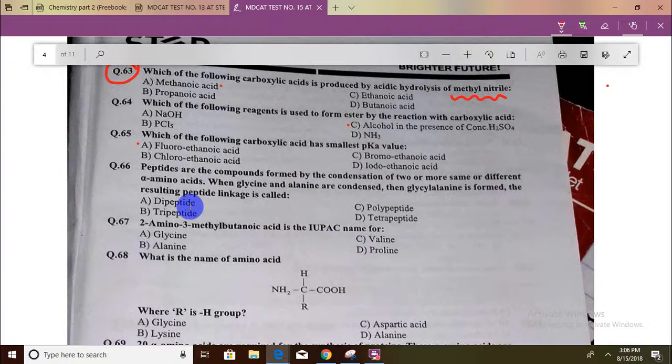When glycine and alanine are condensed, then glycyl alanine is formed, and the resulting peptide linkage is called a dipeptide, a tripeptide, a polypeptide, a tetrapeptide. It's called a dipeptide because even though we're talking about linkage and we just have one of them, when we say something in terms of peptide, we're actually referring to the amino acid residues.